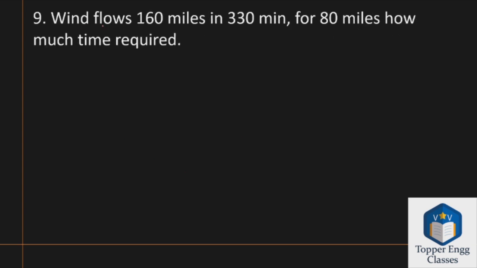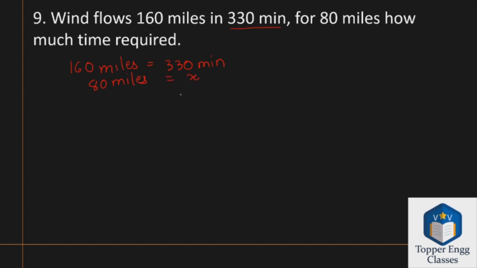Question 9. Wind flows 160 miles in 330 minutes. For 80 miles, how much time is required? See, here it is given as 160 miles equals 330 minutes. For 80 miles, how much time is required?